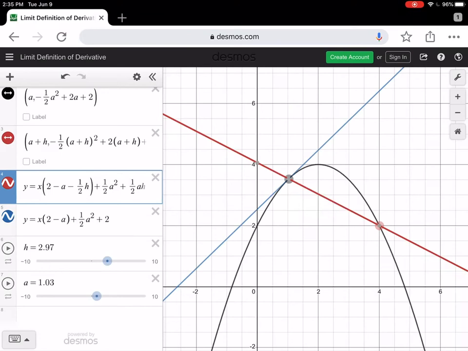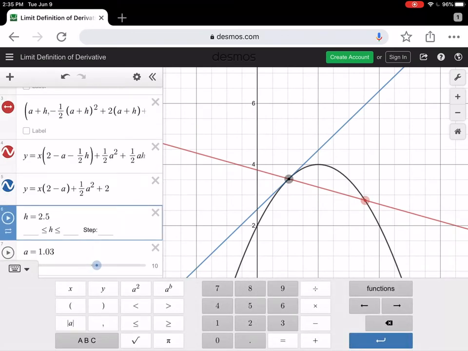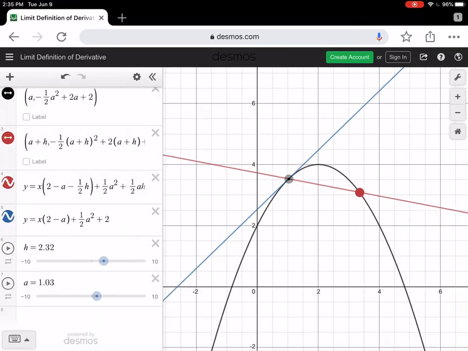But the idea here is that if we want to use this red line to help us get as close to that blue line as possible, I take this other point over here and move it as close as possible. Watch what happens to h in number 6. If I move it closer and closer and closer, my red line is getting closer and closer to the blue line, which is exactly what I want.